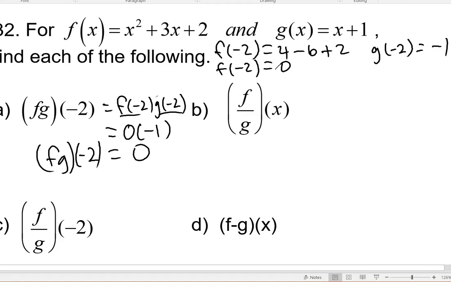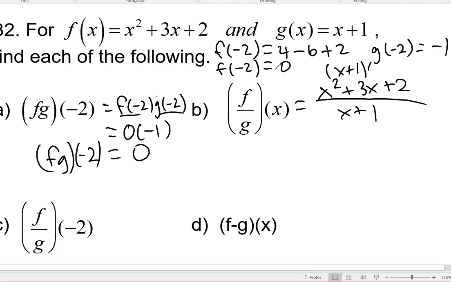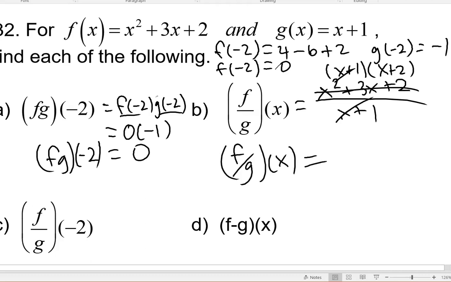Well, I would take f of x and divide it by g of x. You do need to simplify this, and the top will factor, so that becomes x plus 1 times x plus 2, so the x plus 1's cancel. So I end up with just being x plus 2.